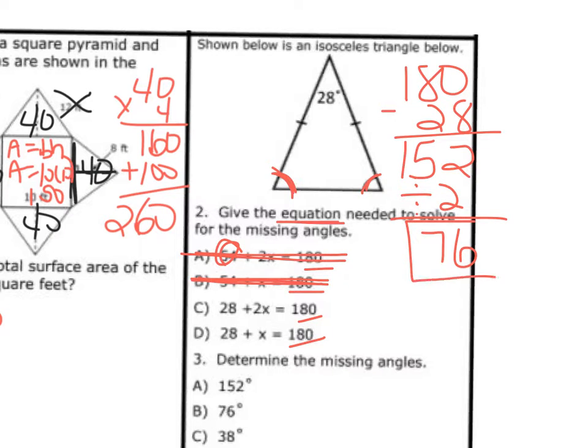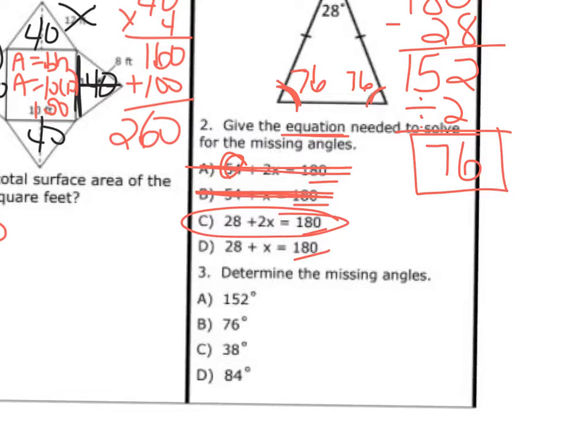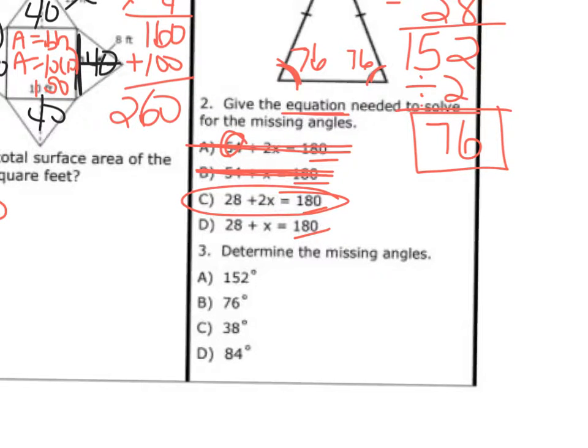Now, if it's divided by 2, that means this is 76 and this is 76. So which equation shows that you had to divide by 2, C or D? C. Okay, and now that we know what the measurement is of the angles, that means we could answer number 3, and number 3 would be letter B. And we're done with that.